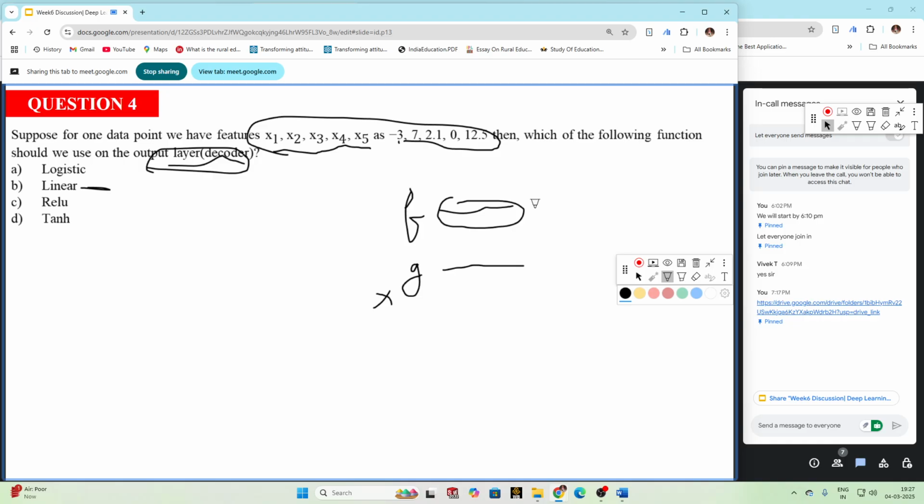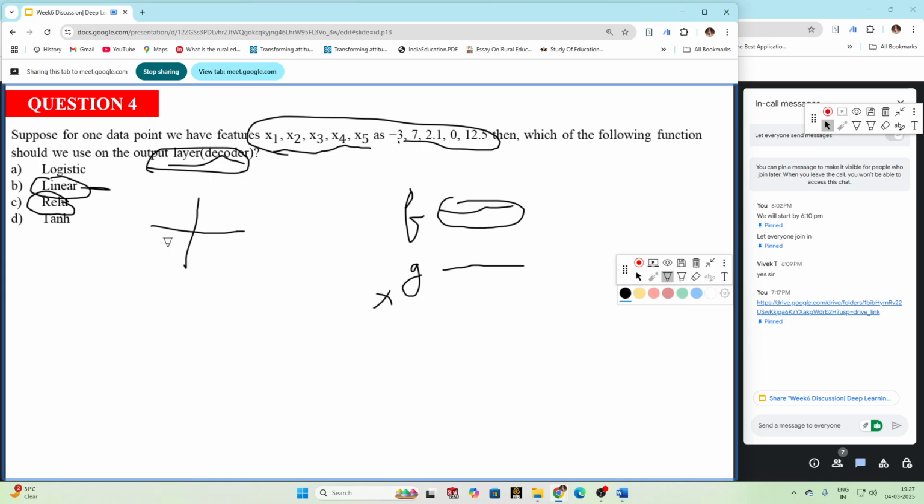When you have a binary valued input, then we can have a sigmoid function for f. Whenever we have a real valued input, then we have to use the linear function.